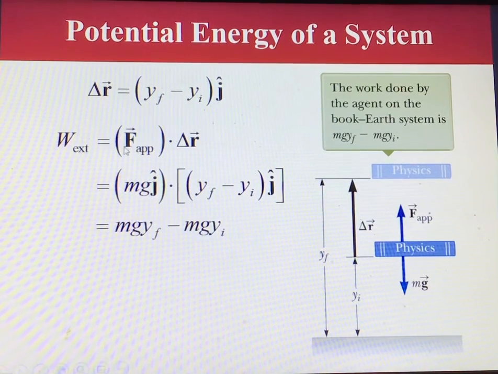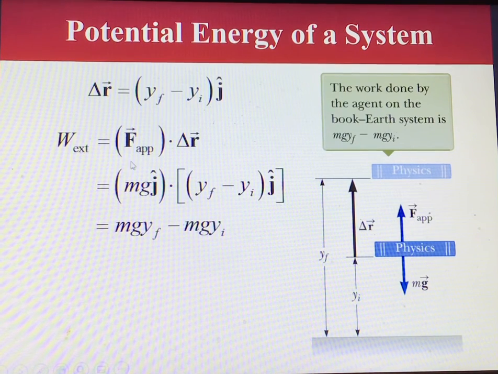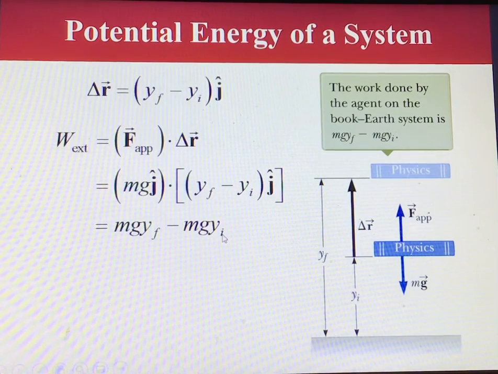Then I can calculate the force. So the force that is acting on the system is just the applied force. So the applied force here is just the force of gravity, which is m times g. And this m times g is also pointing in the j direction. And so if you put all of this together, you can calculate your work done as just mg y final minus mg y initial.